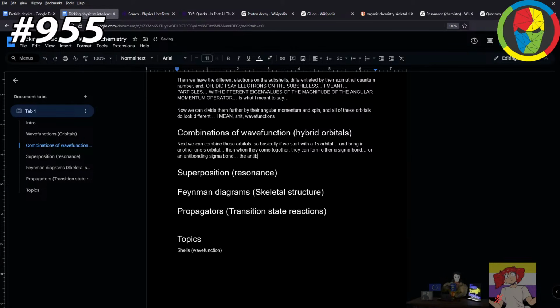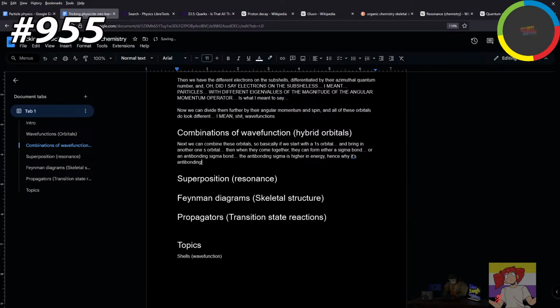The anti-bonding sigma is higher in energy, hence why it's anti-bonding, and the bonding sigma is lower in energy, hence why it's bonding. Seems kind of complex.